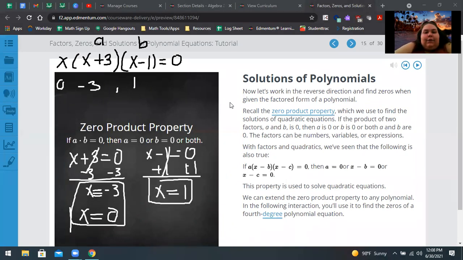We can easily jump straight to the answer if the factors are formatted just like that: x and then plus or minus whatever number. But again, these are the solutions to the polynomial.